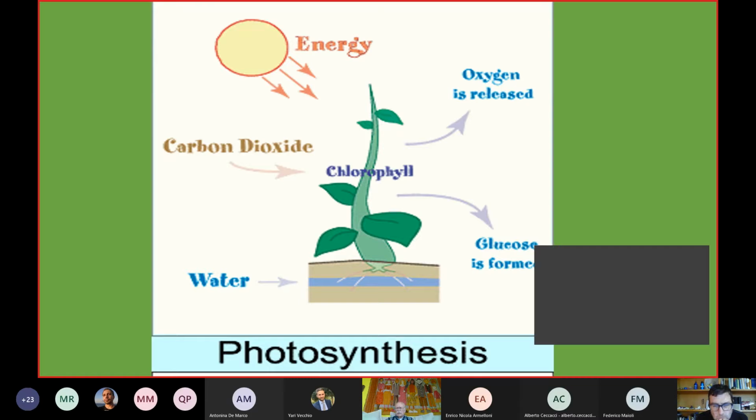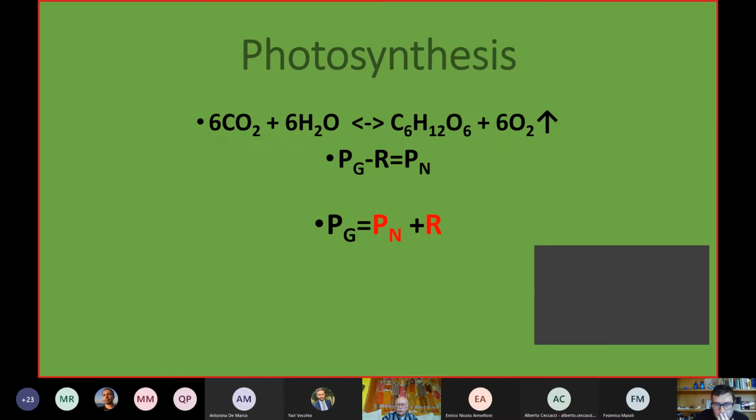They are all basically modifications of the carbon chains formed by plants in the photosynthetic process. Now, the trivial equation of photosynthesis is carbon dioxide with water, you get glucose and you emit oxygen.